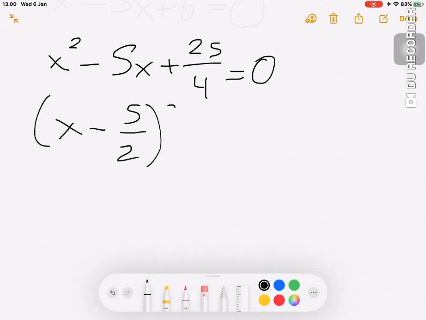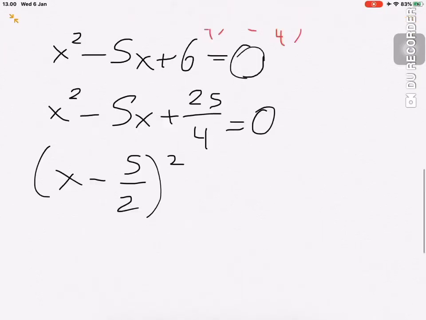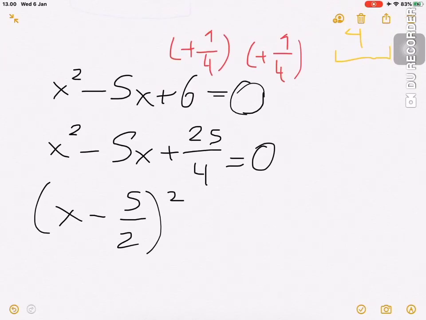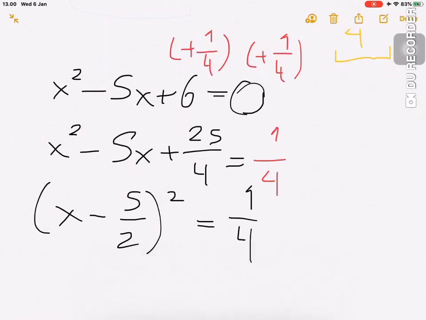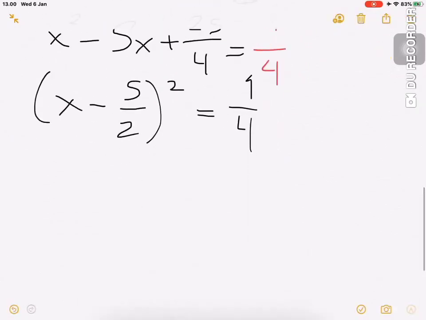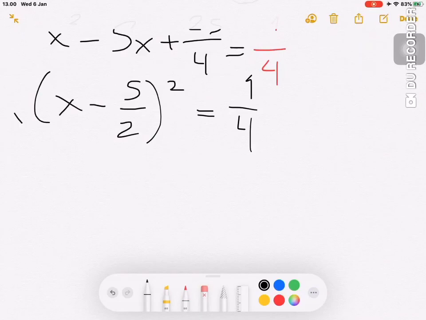Now, we already found what our a value is, so x equals a, and we also found what our b value is. So this is negative 5 over 2. We can come back to the formula right here. So note this is x and this is negative 5 over 2.